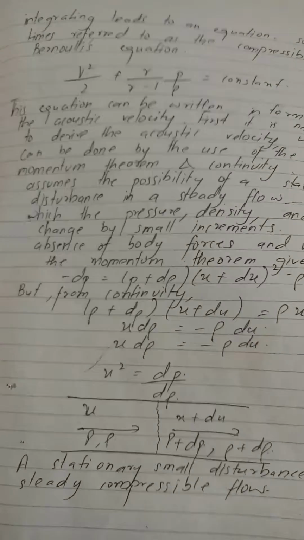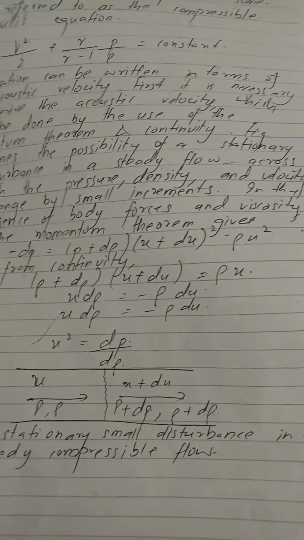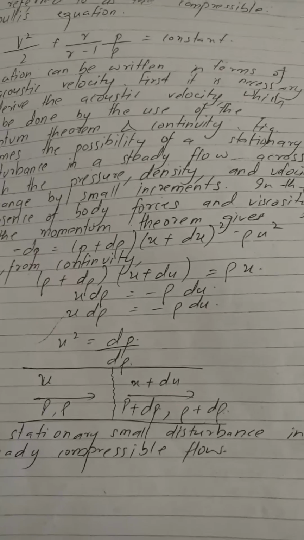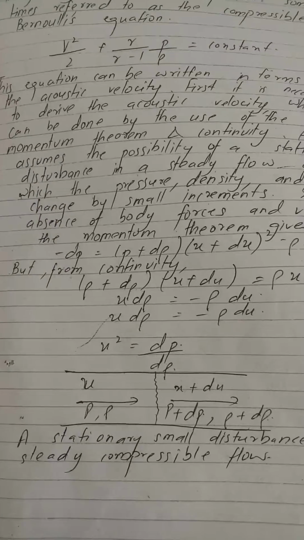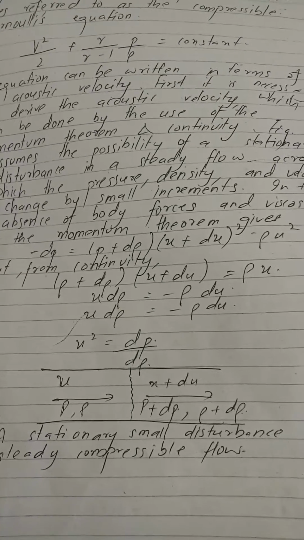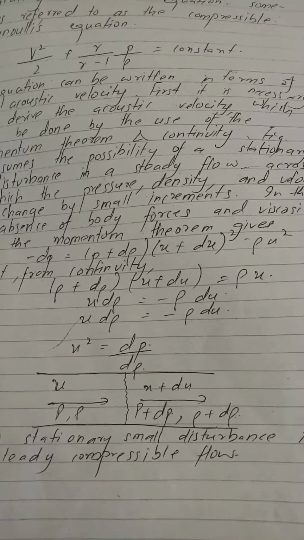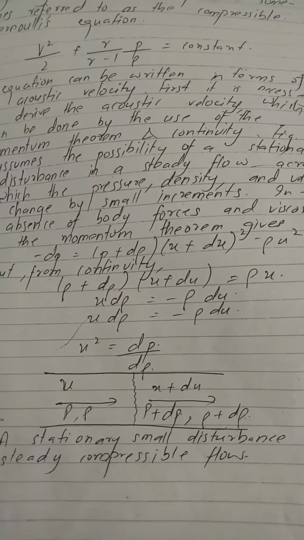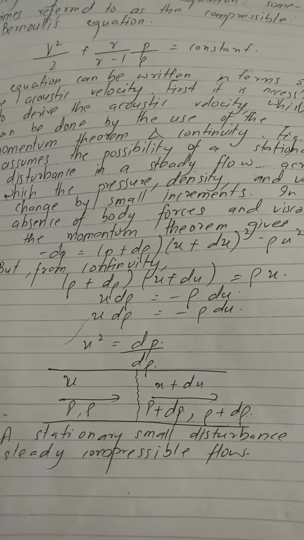In the absence of body forces and viscosity, the momentum theorem gives this: minus dp is equal to [p plus change of rho into (u plus dx)] squared minus rho u squared.